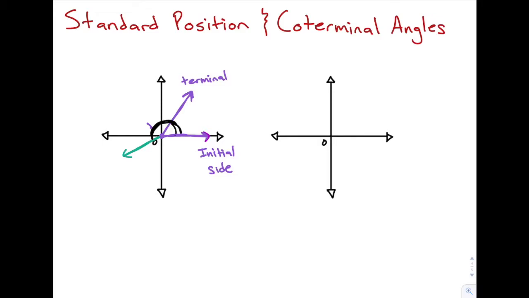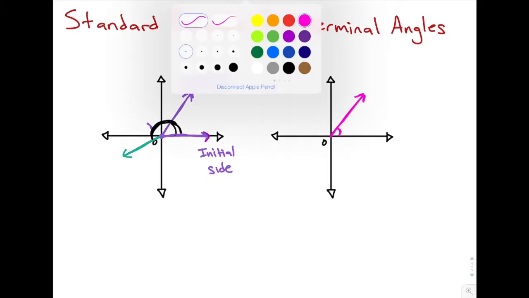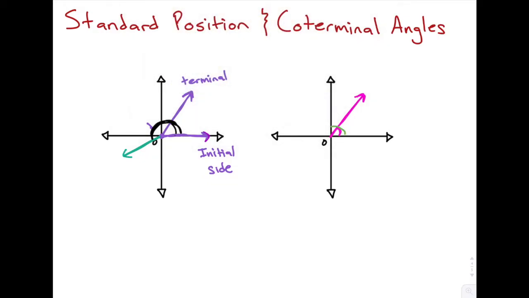Then we would say that two angles in standard position are coterminal if their sides coincide. Consider this first angle here. And then maybe I'll do another angle that goes all the way around, which has already completed one rotation and happens to have that same terminal side.